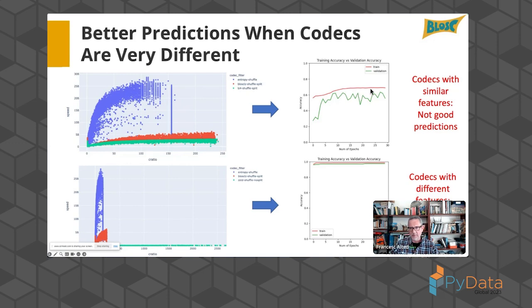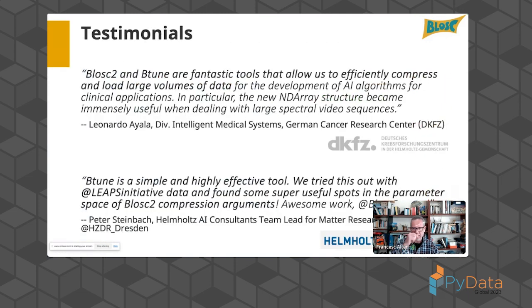So the predictions are quite random, so to say. However, if we choose between Zstandard and BloscLZ, which have very different features, the predictions are very, very accurate, which is the most important case, as we want to distinguish between these scenarios.